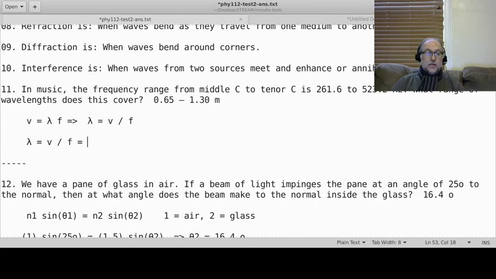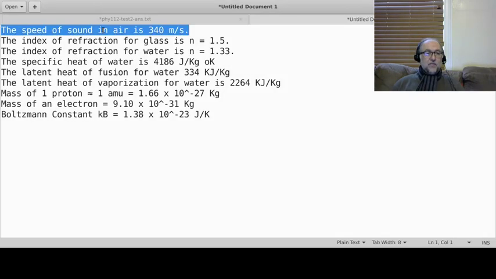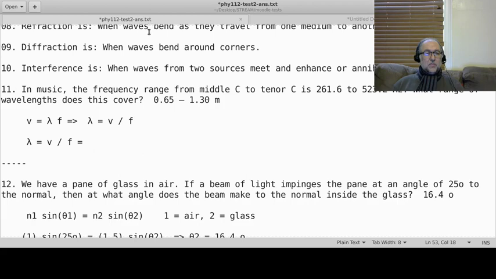And sound is a wave that travels in air. And I gave you this link which was a link for a bunch of constants, okay? And so here they are, and we want this information right here, okay? That the speed of sound in air is 340 meters per second. So let's put in 340 meters per second for the velocity of the sound.